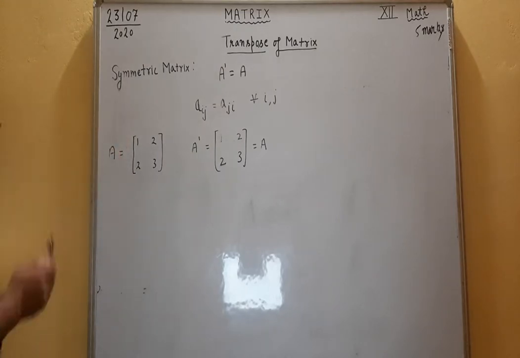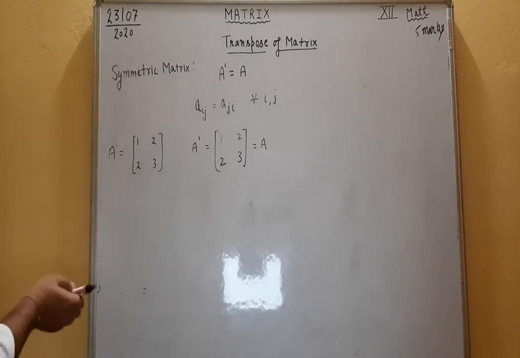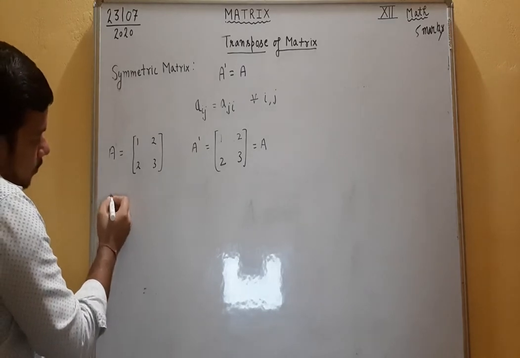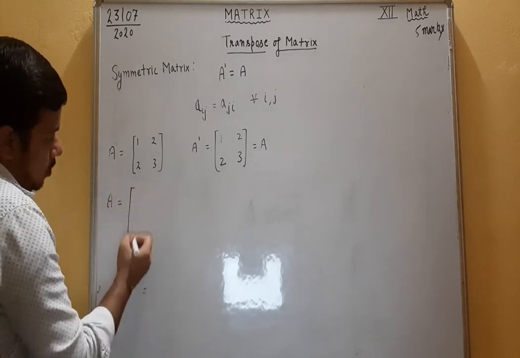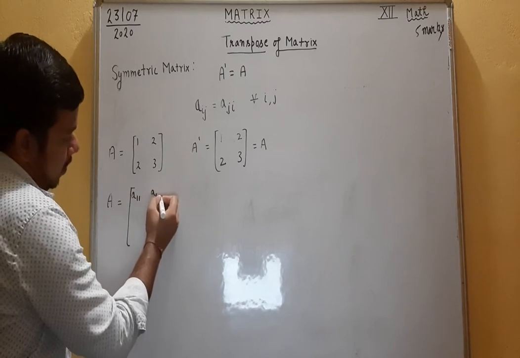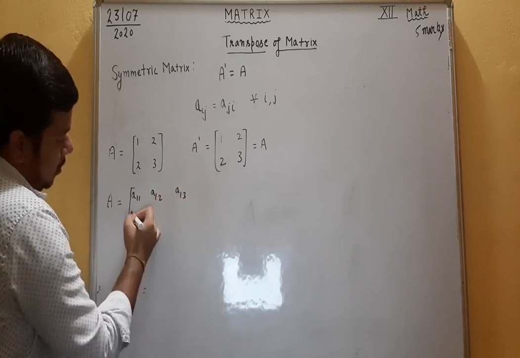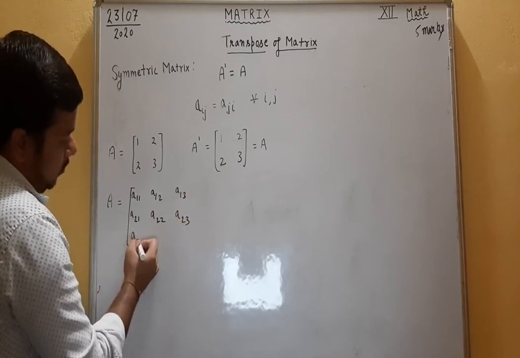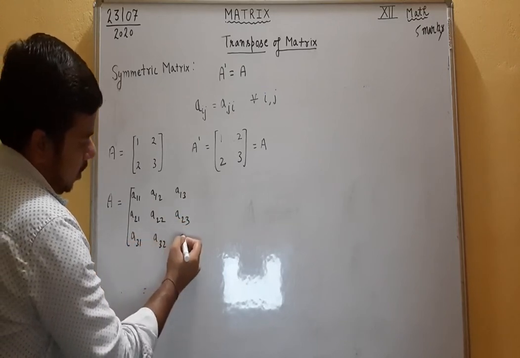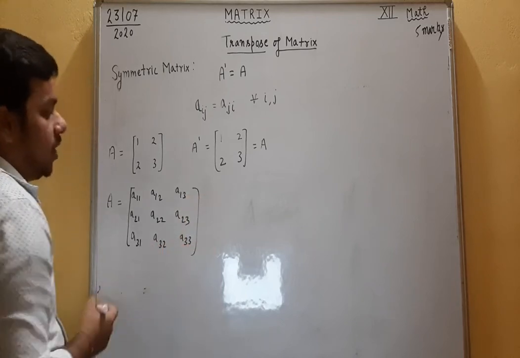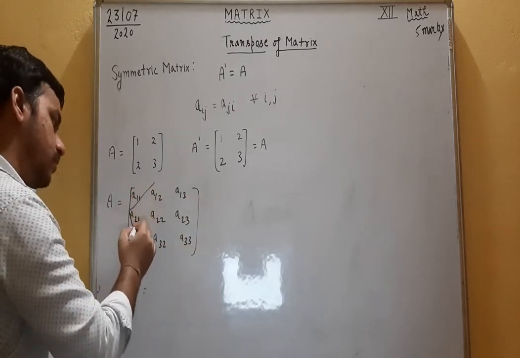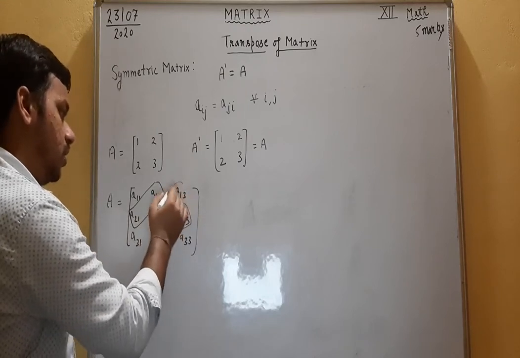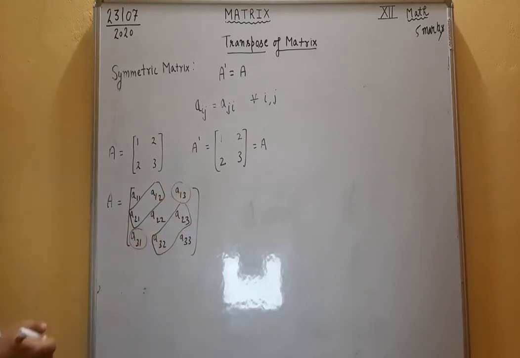How will you visualize, by looking, how will you find out whether a matrix is symmetric or not? So see, a 3x3 example, A11, A12, A13, A21, A22, A23, A31, A32, A33. For the symmetry of a matrix, these two entries and these entries must be equal.